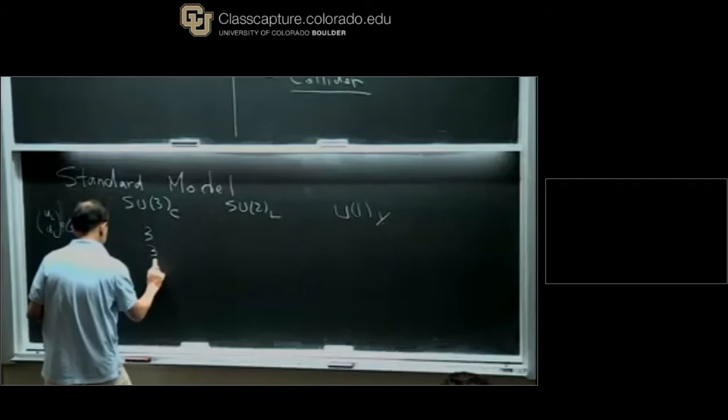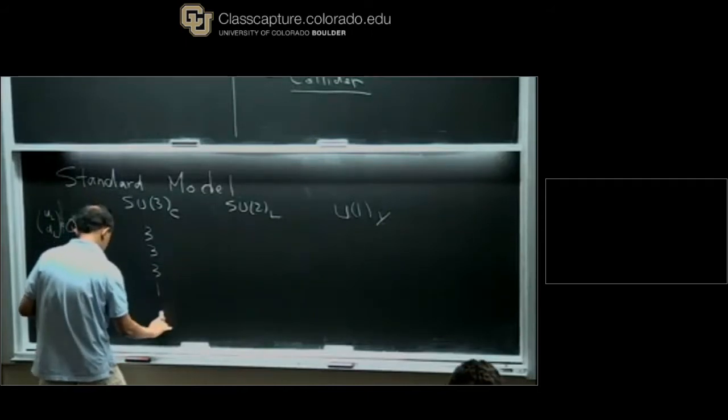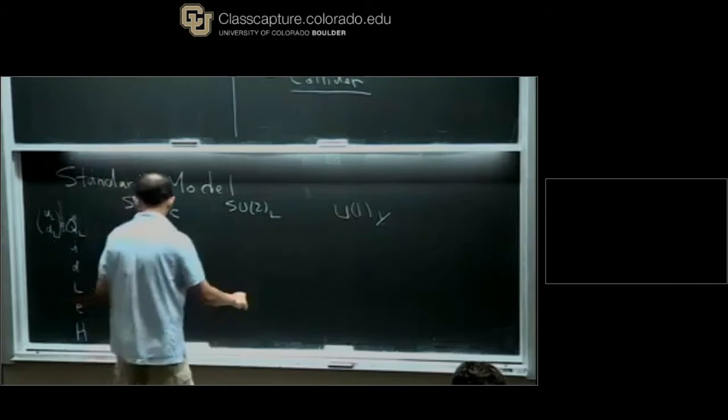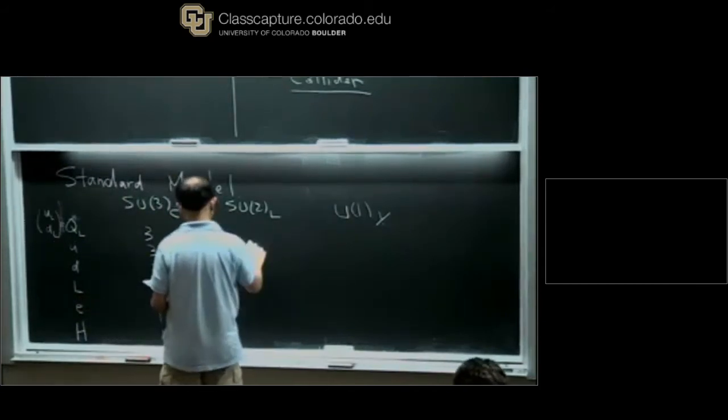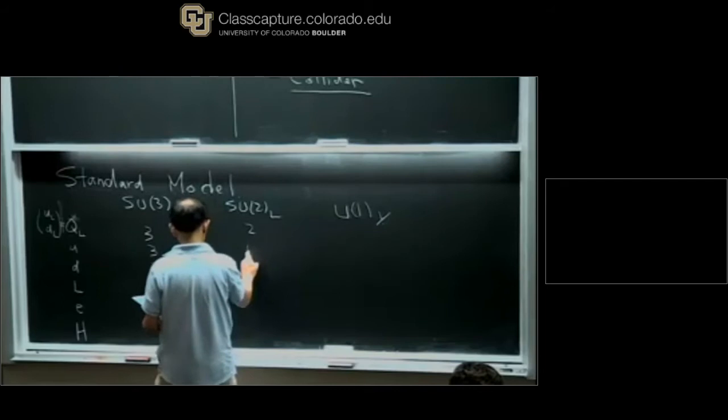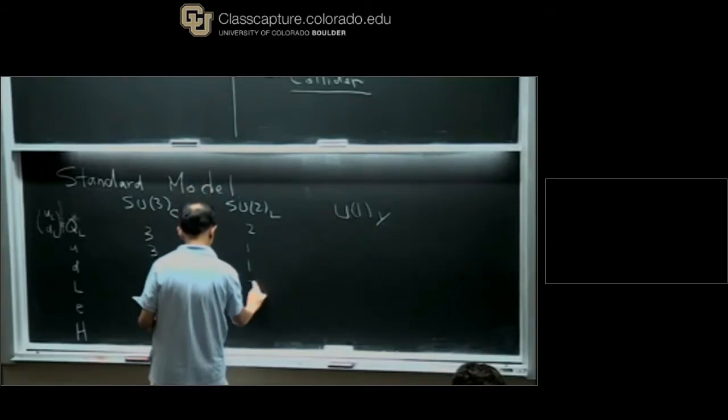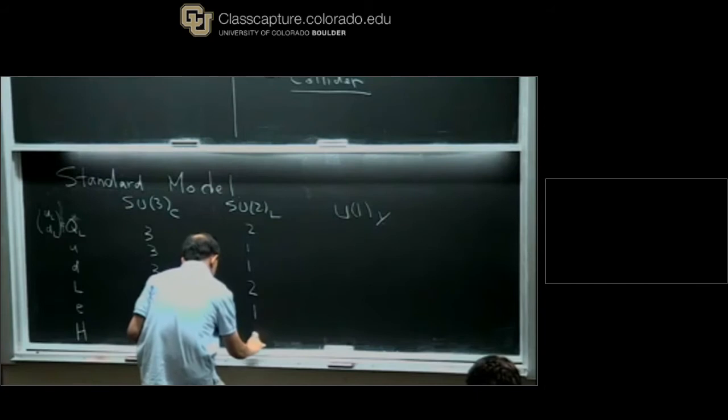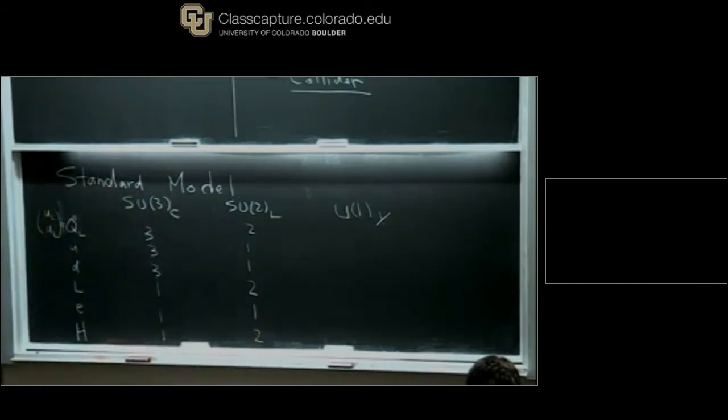I hope this is very well known. And the dimensions are 2, 1, 1, 2, 1, 2. This is the left-handed doublet, with the left-handed neutrino and the left-handed electron, and this is the right-handed electron, the right-handed lepton.